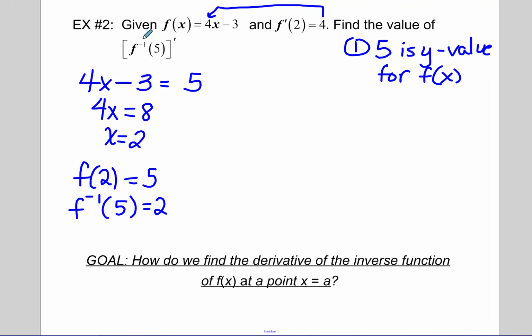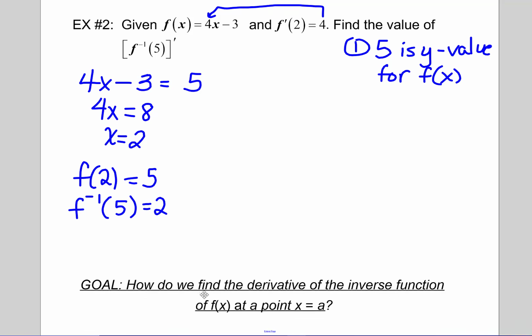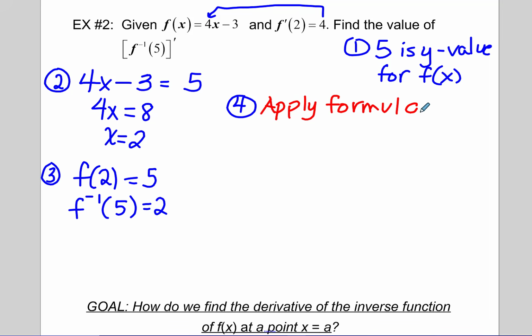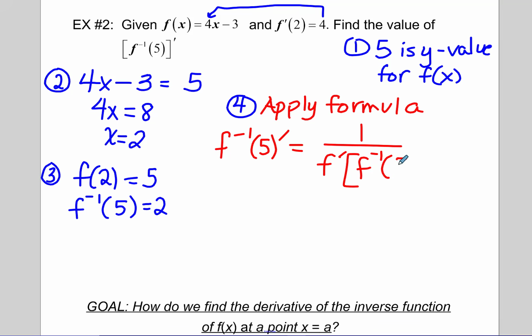Okay, so if we apply the formula that we just got in our little proof over there, let's see, first we did that, second we did this, now we know this, so we're going to use the formula. Let's make a note of that. We're going to apply that formula that we just derived. And that formula said the derivative of f inverse at 5 is 1 over f prime of f inverse of 5.